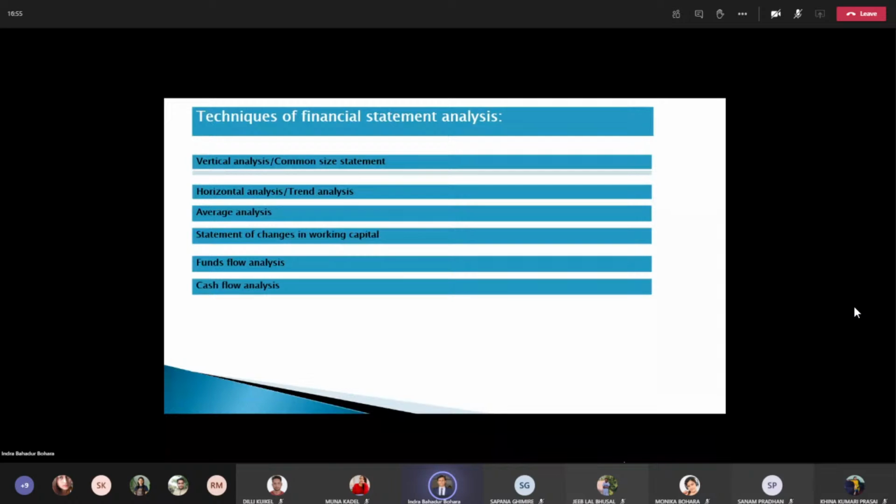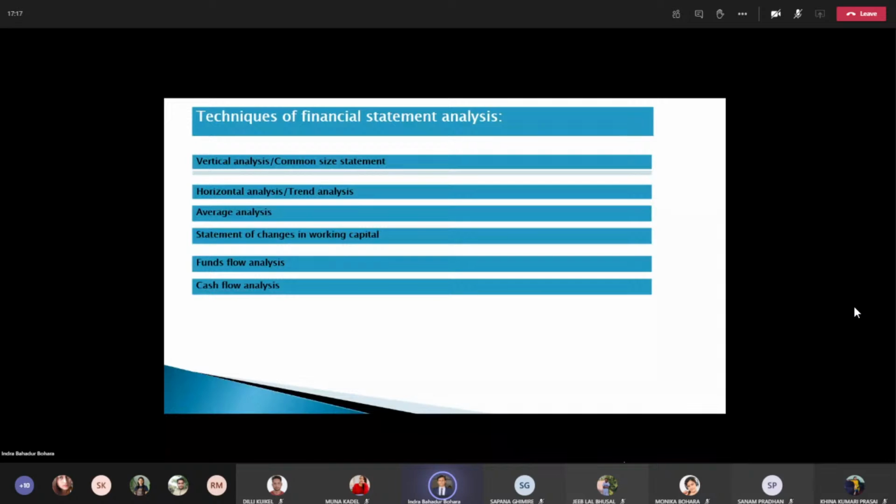Another is cash flow analysis, and you studied the cash flow statement in plus 2 and bachelor level. Now here we focus on the analysis of cash flow. So after this chapter, in chapter 5, we'll discuss the cash flow statement, its preparation and its analysis.